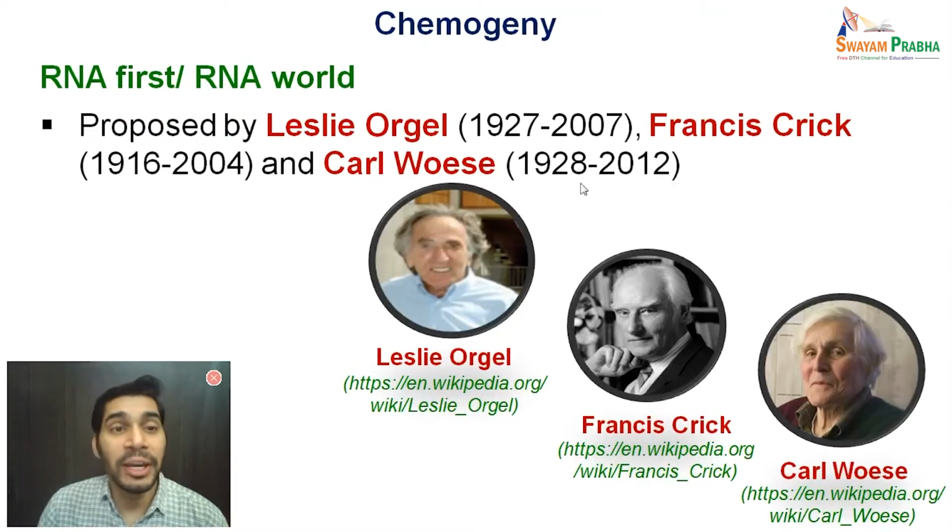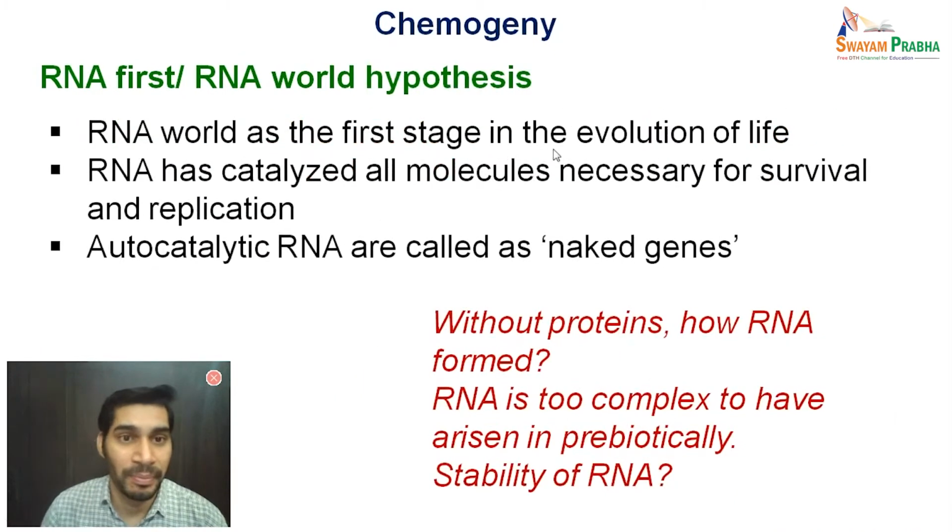According to them, it was the RNA which came into existence first. They say that the RNA world is the first stage in the evolution of life. It catalyzed all molecules necessary for survival and replication. The autocatalytic RNA were named naked genes.